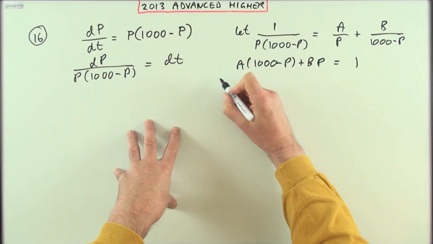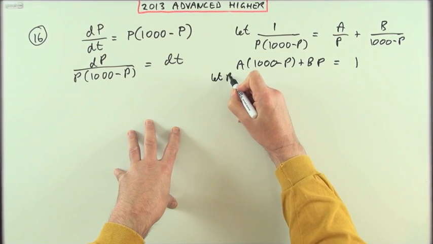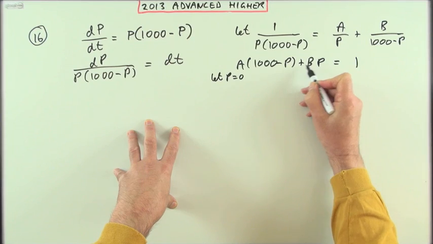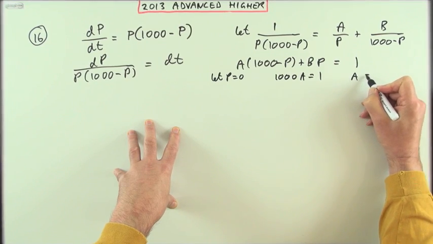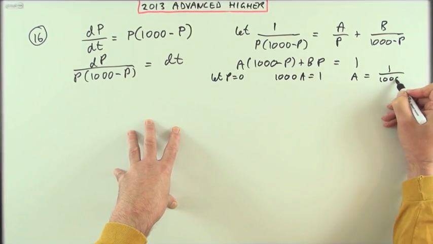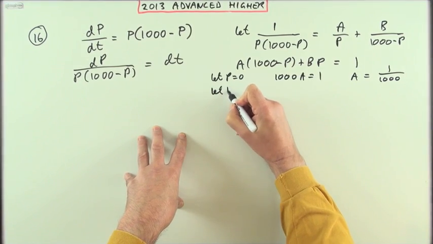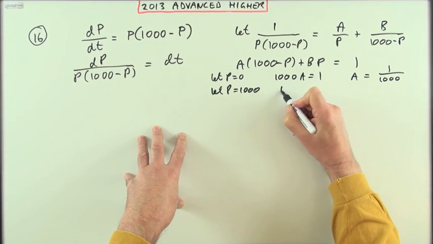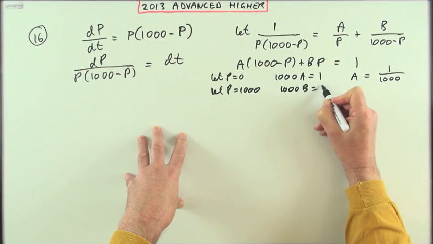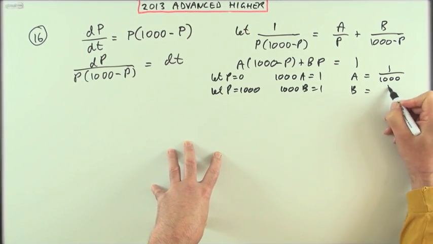And then you can just use some knockout values here. So if you let p equal 0, you'll knock out this term and leave you with 1000a equals 1. So a is 1000th, a bit annoying. Let p equal 1000, knock out that part, and then 1000b will also equal 1. So b is also 1000th.